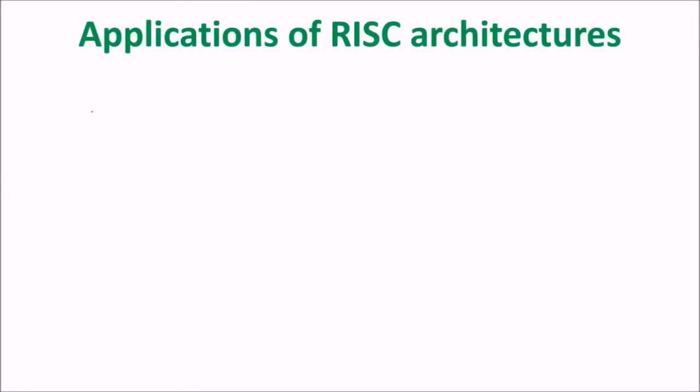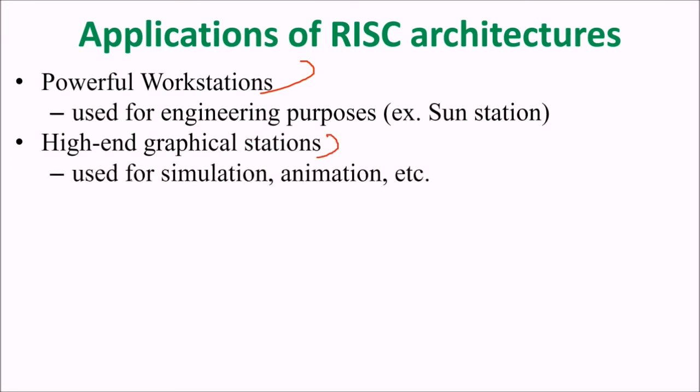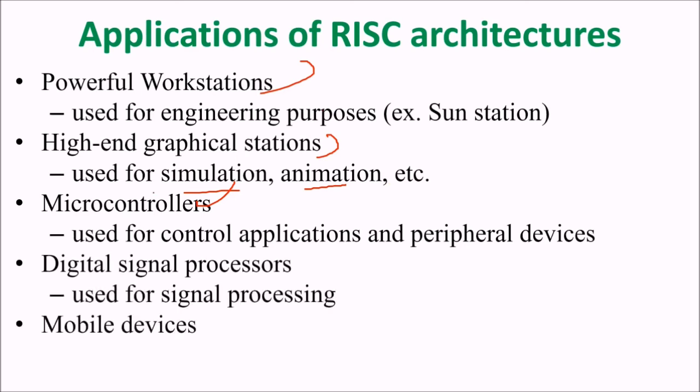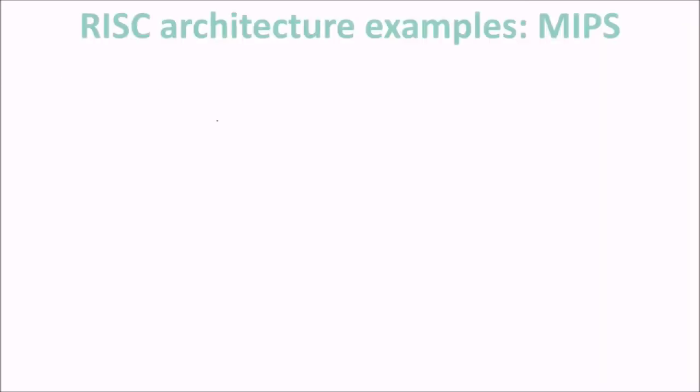These are RISC. Applications of RISC architecture include powerful workstations used for engineering purposes like SunStation, employed in high-end graphical stations, for simulation, animation, etc. Microcontrollers used for control applications and peripheral devices, and DSP, digital signal processors used for signal processing, mobile devices, iPad, tablet, support for Android systems.